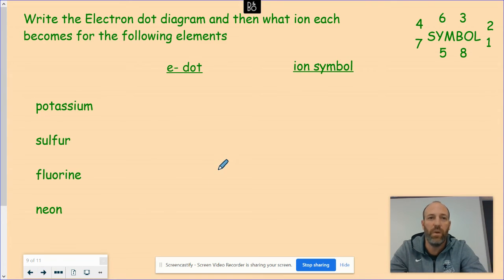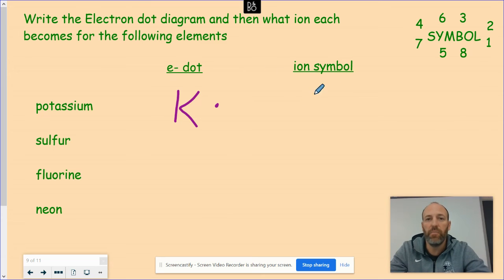So I just wanted to end with this, very similar to what your homework assignment will be. We say, okay, what's the electron dot for potassium? You have to find potassium. Oh, that's K. How many valence electrons does potassium have? 1. So we're going to do a dot right there.